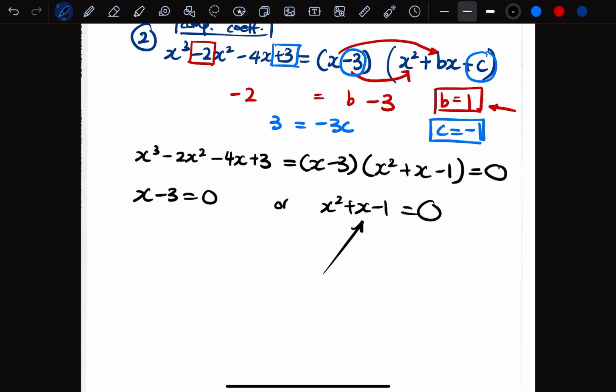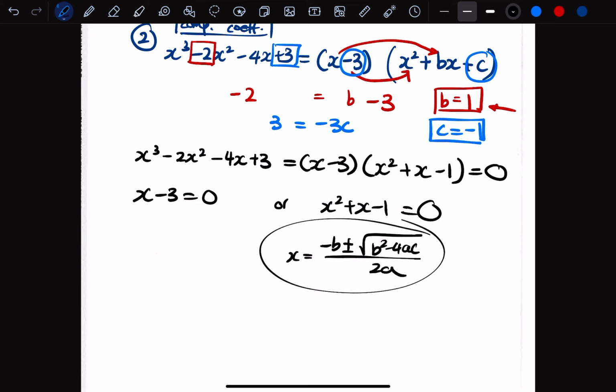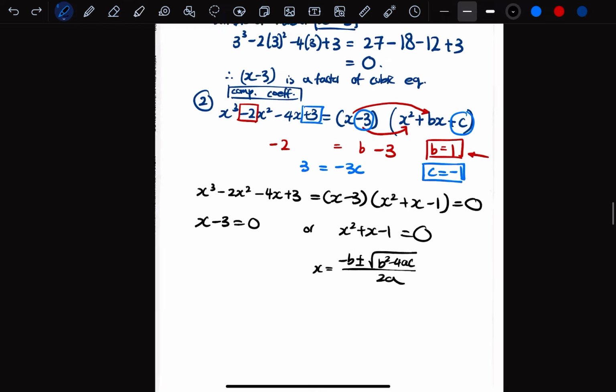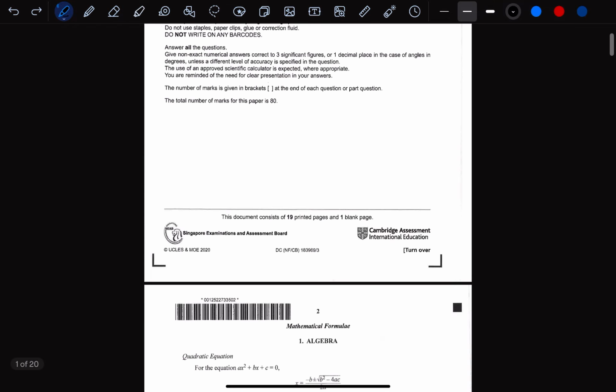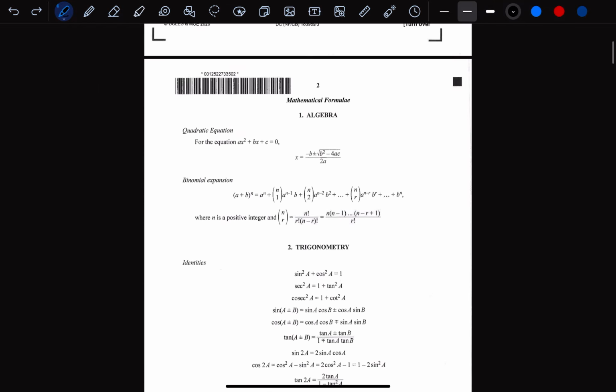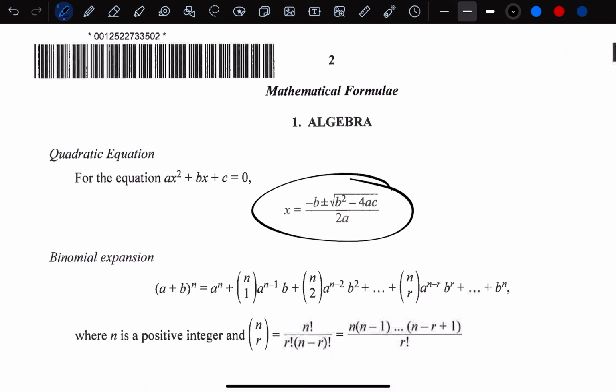If we were to solve this on your calculator, you're going to get decimals, which should prompt you that you need to use your x equals minus b plus minus square root of b squared minus 4ac, over 2a formula from your E-Math. In E-Math, this formula is given to you at the very front over here.